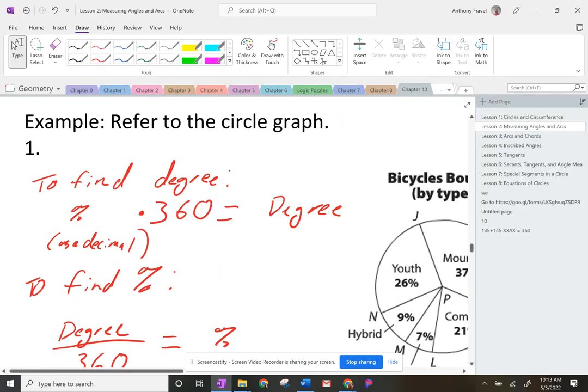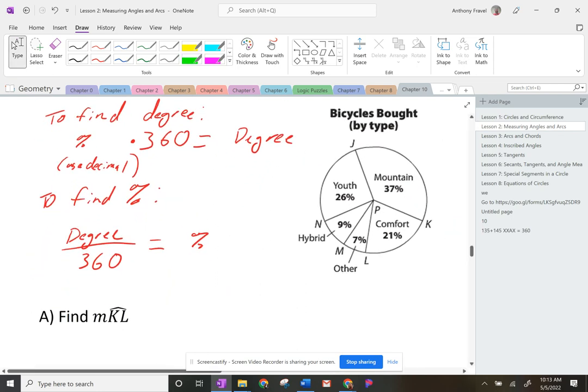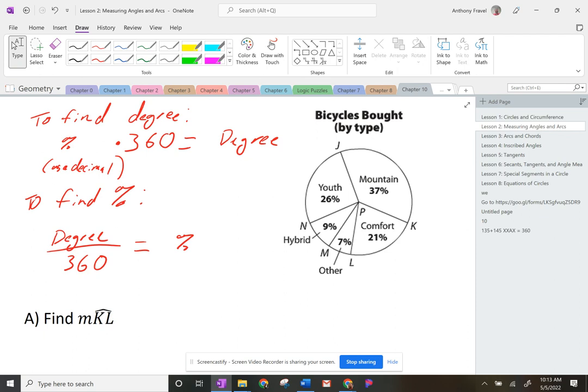All right, so I'm going to get out my handy dandy highlighter here again. So this first one says, I want to find KL. So looking at this, I'm going to find KL. So K starts here, L is down there.